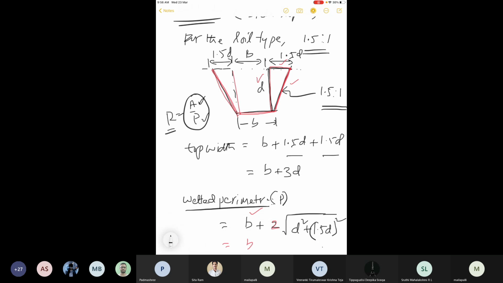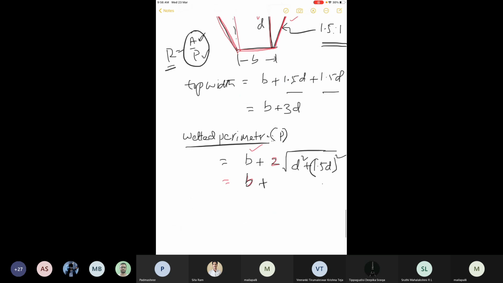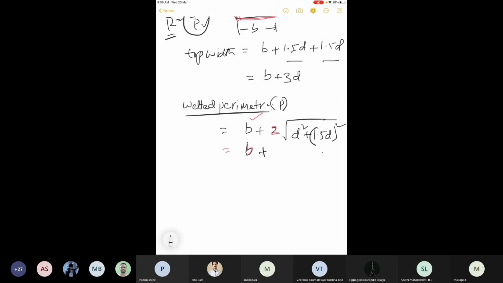So now you get B plus 2 into square root of 3.25 D square. Okay, or this is B plus 3.606 D. This is your P, perimeter.